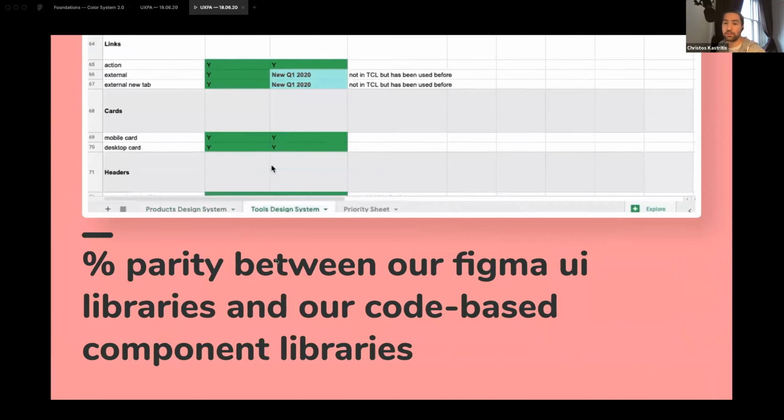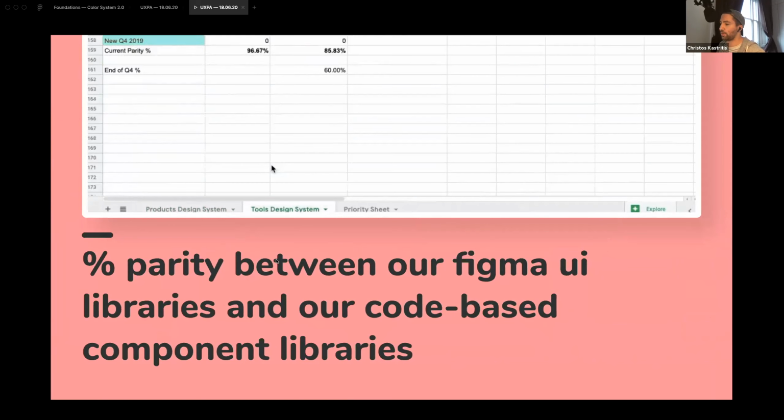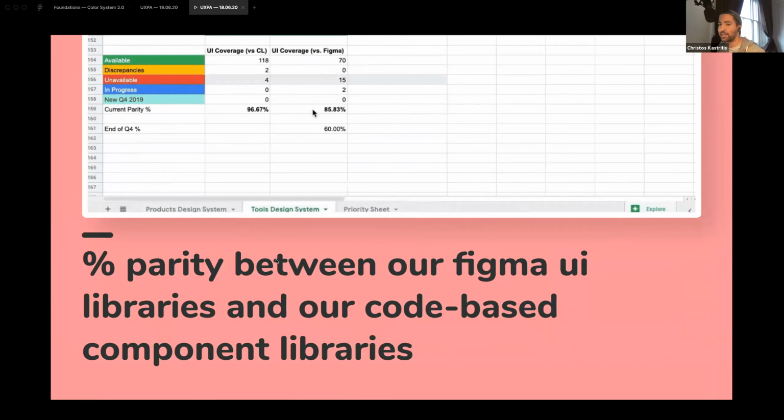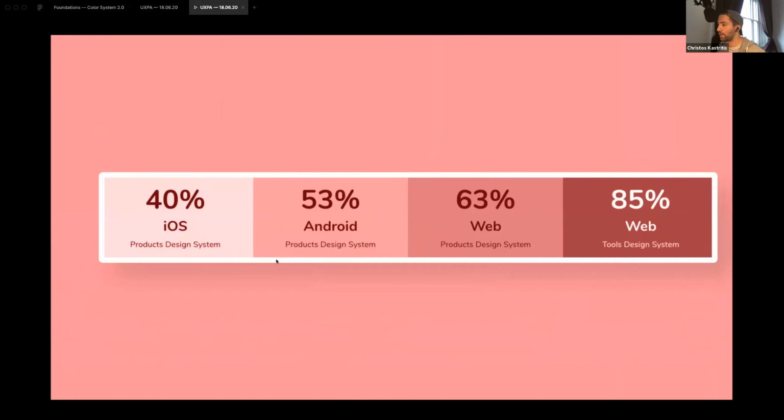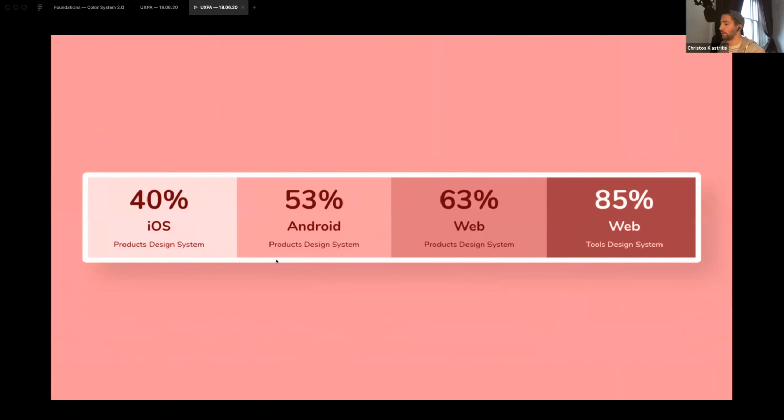So again, I wanted to figure out just how many components have actually been built. And in this federated model, you're going to get funky results. And so we can put some formulas together, and we can see that, in terms of what we had in Figma, we were only seeing 40% of that in our iOS component library, whereas our tools design system was at 85%. So again, we're starting to get more sources of data that are validating what we've been hearing.